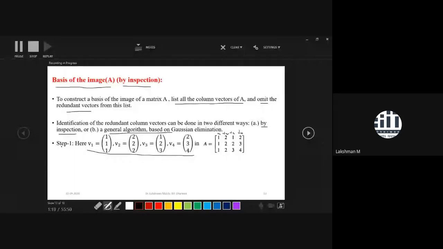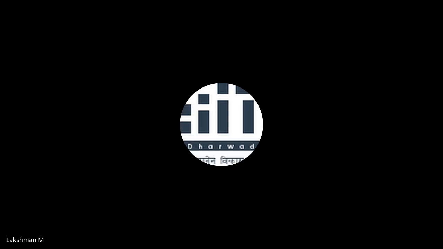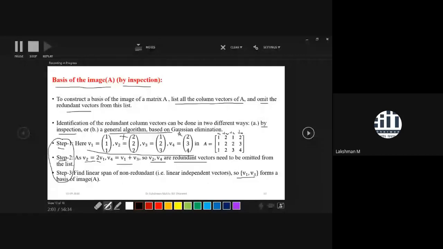So this is step 1. What are V2 and V4? Remove V2 and V4 from the list. And what remains will form a basis of your image. So finding a basis of the image is a step-by-step algorithm. In 3 steps, you can find the basis of the image.